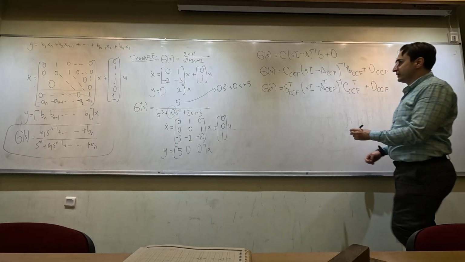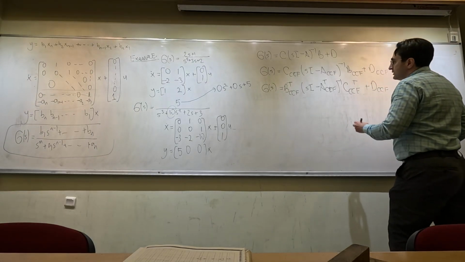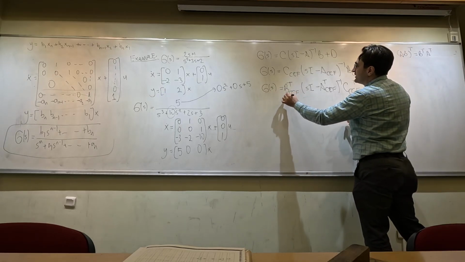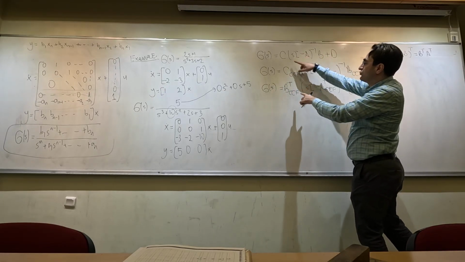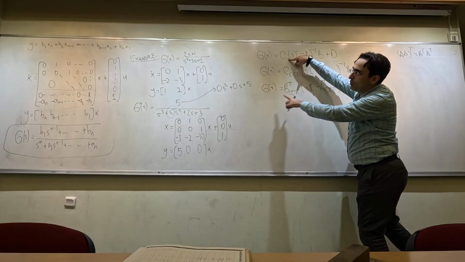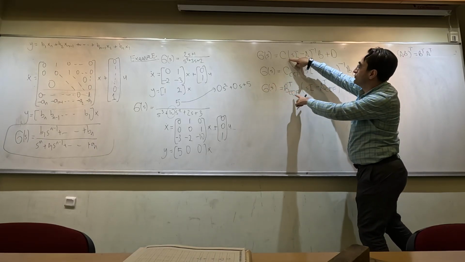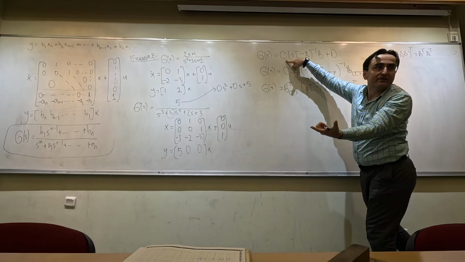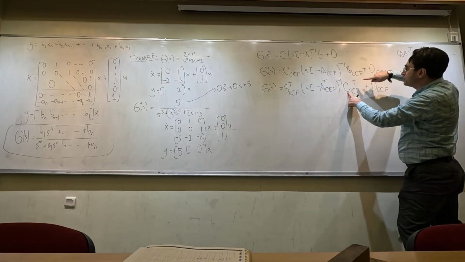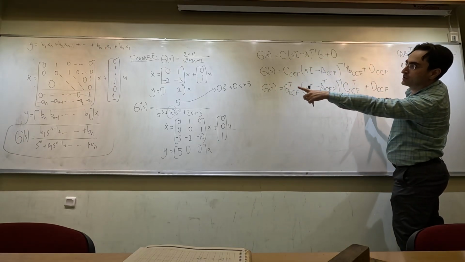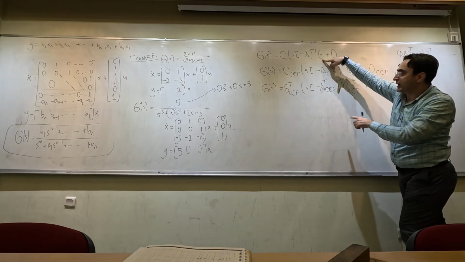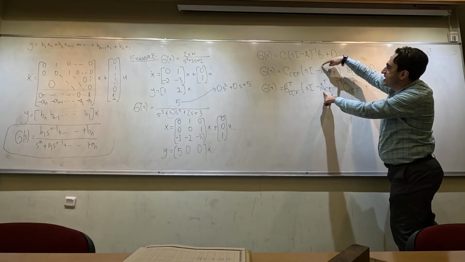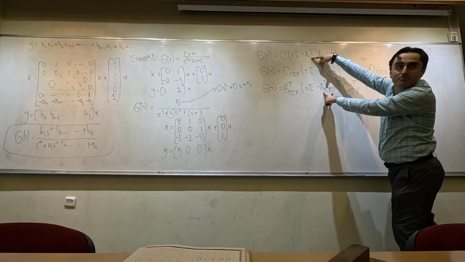Now I can compare this to the general form. Here, the transpose of B controllable canonical form can act like a C vector. And the transpose of C controllable canonical form can act like a new B vector. And A transpose can act like an A matrix.